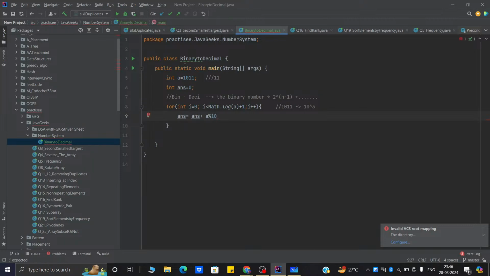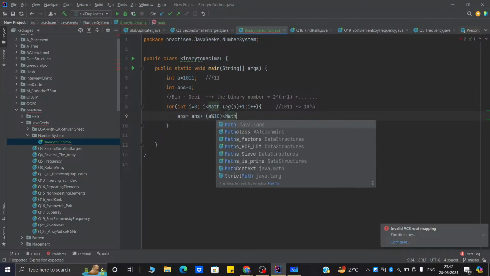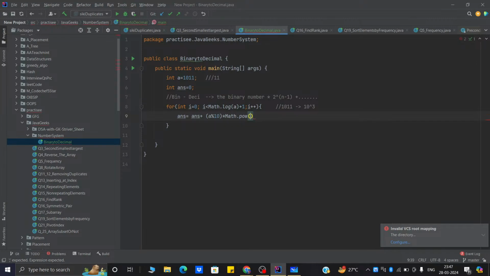It will give me the 1, into 2 to the power i, isn't it? It will give me that, right? Into math dot pow of 2 to the power i.